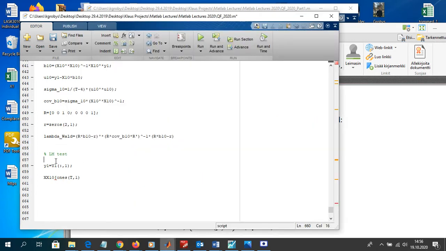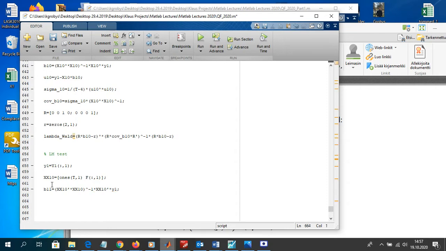So under the null hypothesis, we need to get just the first vector of our F matrix, because the first vector of our F matrix contains the market factor. So that's the regressor matrix XX10, the regressor matrix under the null hypothesis. So the corresponding point estimator, let's denote it as B11. What's B11? It's obviously XX10 transposed times XX10, inverted, times XX10 transposed times our vector Y1.